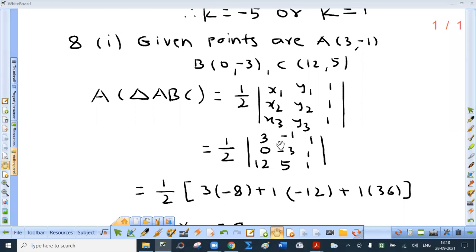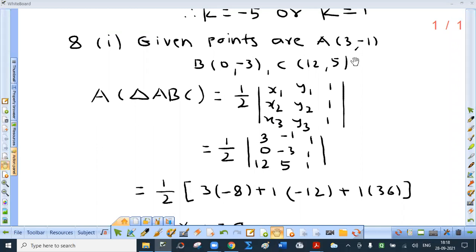By the way, how many different methods are there to examine the collinearity of 3 points in general? The simplest method is plot them on graph paper. If we could draw one line through all the 3 points, points are collinear. Then we can use distance formula. If B lies between A and C, then AB plus BC must be equal to AC.